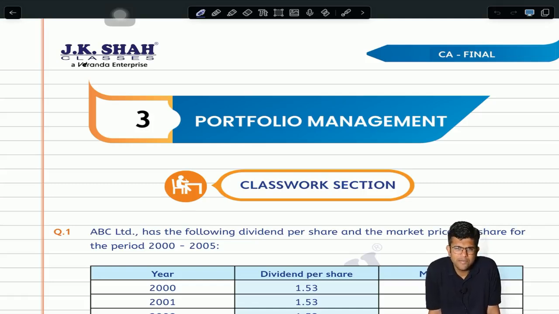It was always given to us in the question. We used to put the KE and do the discounting. Students, this chapter is predominantly all about calculation of KE. Understood? But it is not the cost of capital chapter.